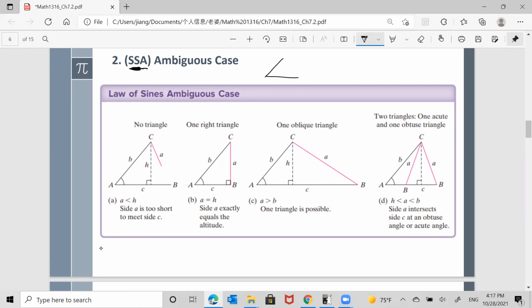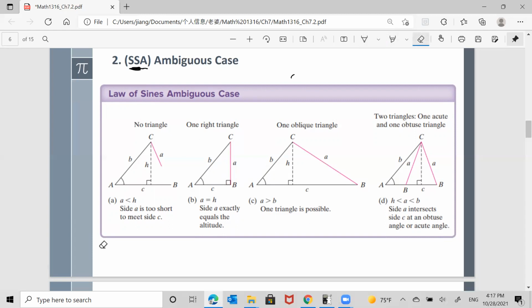These two sides are given, and then the angle is here, or the angle is here. I don't know if it is here or here because it only gives us two sides and one angle next to one of the sides.